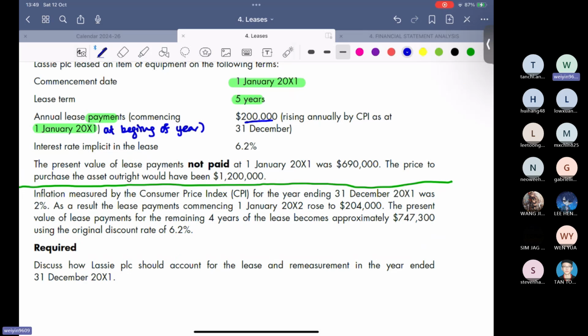Next, the present value not paid on 1st January 20X0 is 690,000, and the price to purchase the asset outright would be 1.2 million. The next information is just a distraction.